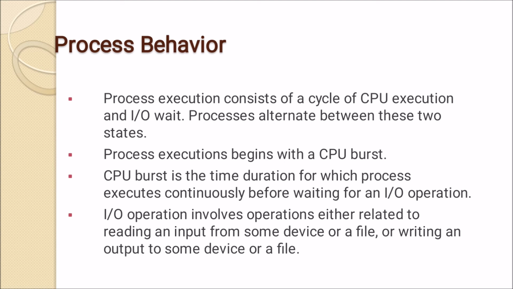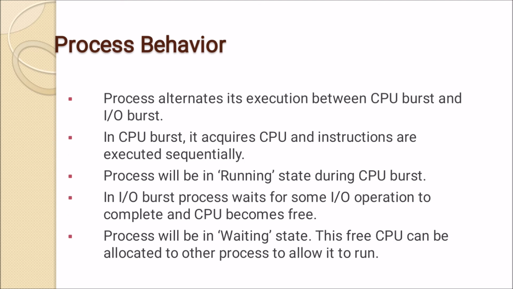Input output operations involve either reading an input from some device or a file, or writing an output to some device or a file. So a process alternates its execution between CPU burst and input output burst.